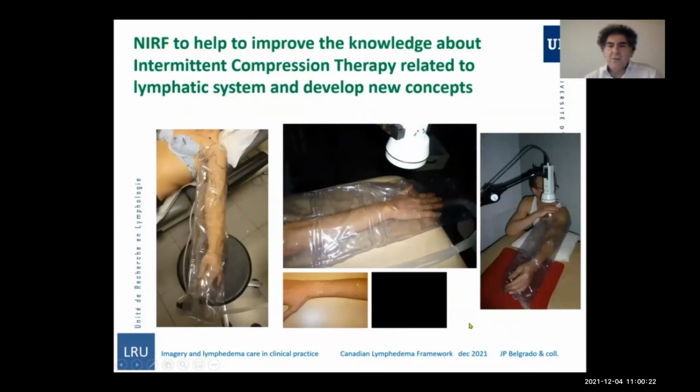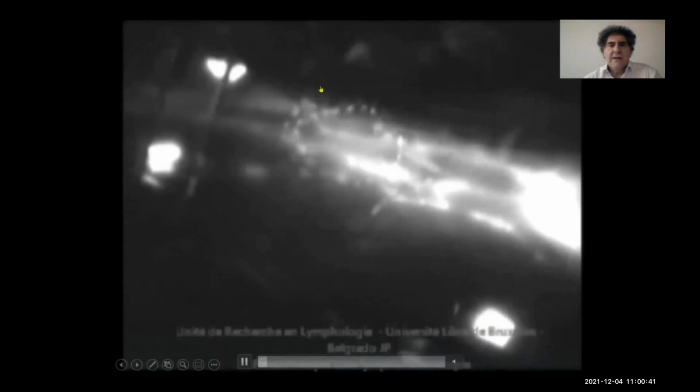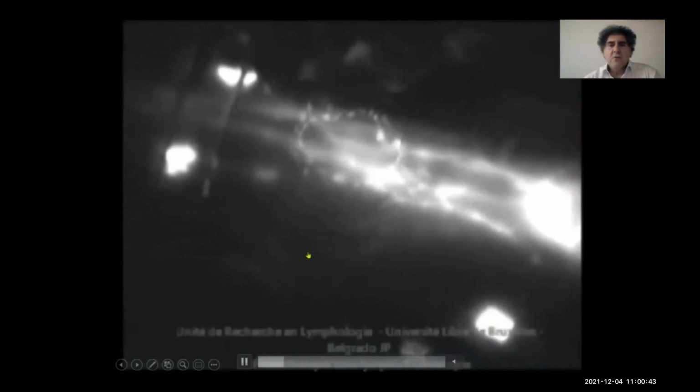Now, the lymphofluoroscopy also allows us to study what happens under the compression therapy cuffs, whether for the upper or lower limbs. We have both patients and subjects who don't have edema, healthy subjects. You can see the fluorescent landmarks here. We're going to find them in the video.